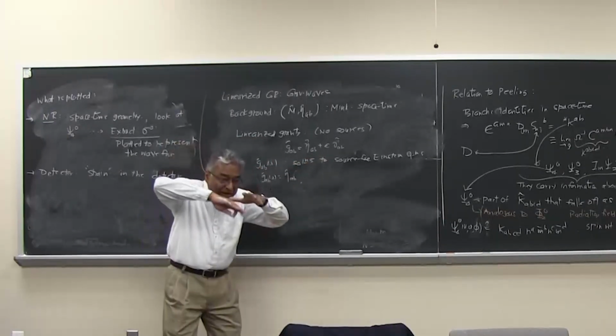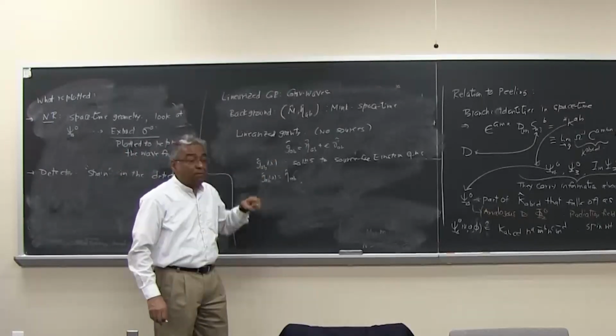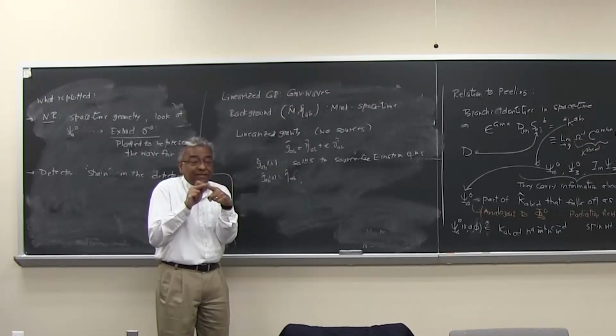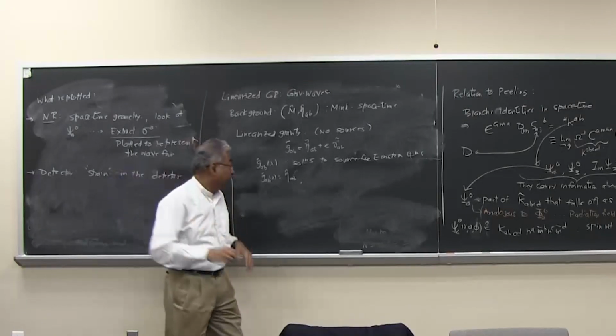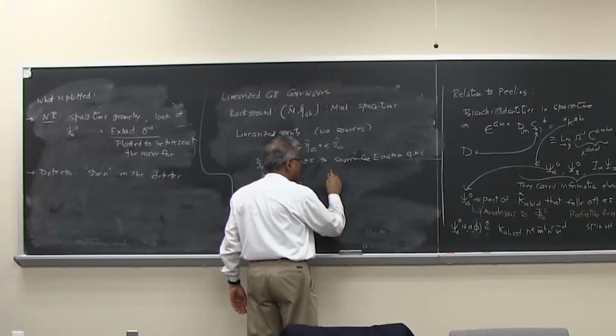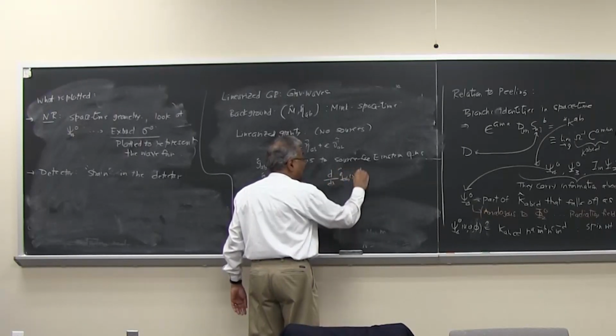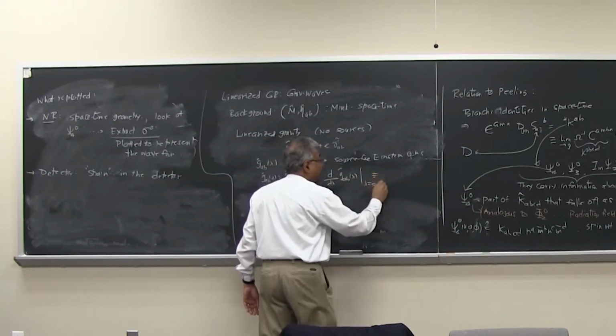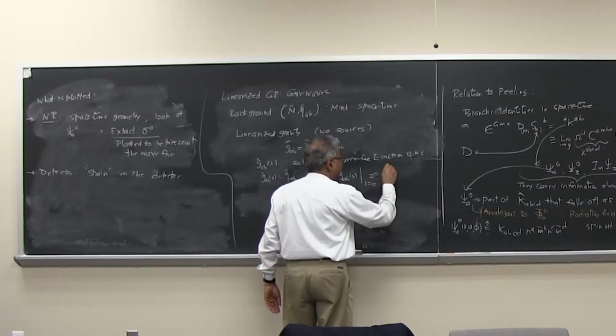So if you like, you have a manifold of solutions, and first order perturbations are just tangent vectors at any solution in this manifold. So the statement here is that I just take d by d lambda of g_ab of lambda and evaluate at lambda equal to 0, and this is what we define to be gamma.